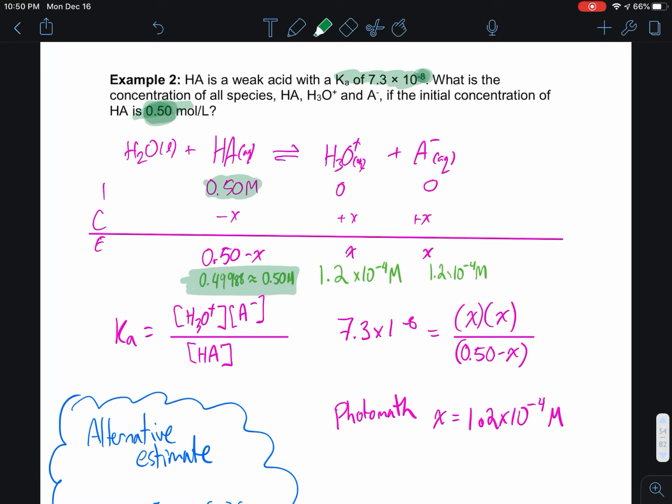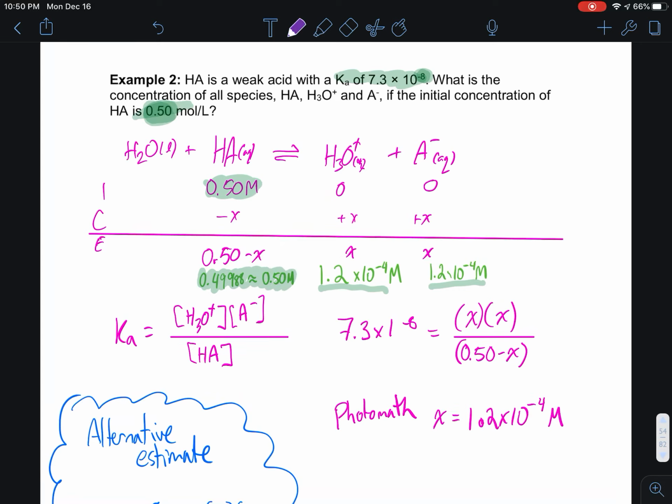When you're dealing with very strong concentrations but very weak acids, you'll notice that there's almost no change to that concentration. It's a little bit strange to wrap your head around that you are producing products, but they are within the error of the measurement of the concentration of the starting material.